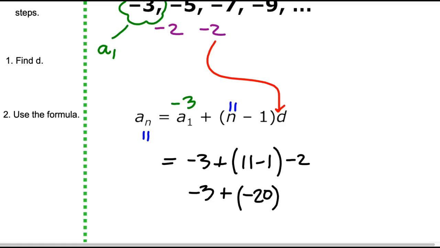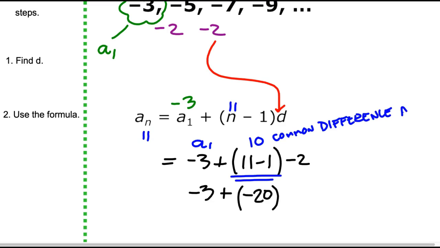So I hope the formula makes sense to you. It's like you're going to go down by 2 every time. So we already started at a sub 1 right here, which is -3. And if I want the 11th one, I'm going to go 10 common differences away.